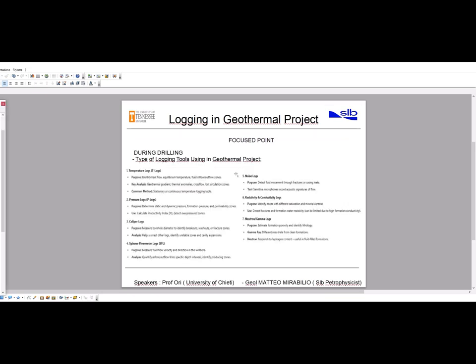So in the presentation of this course we are focusing on the first part of the techniques used during drilling, the types of logging tools used in geothermal projects.